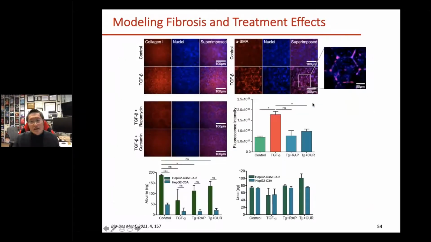As a step forward, you can also induce fibrosis with incorporation of TGF-beta in the culture, showing expression of collagen type 1 and also alpha-SMA in the stellate cells. And again, you can look at how different drug molecules like rapamycin or curcumin reverse the fibrotic phenotype in a time- and dose-dependent manner.